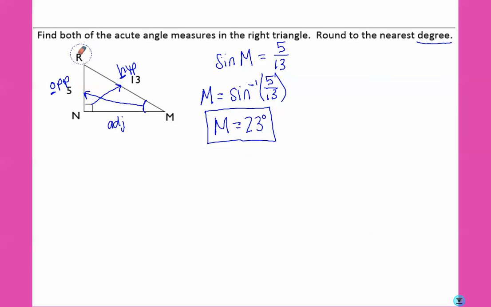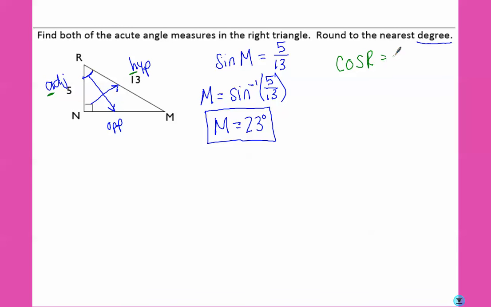Now, if we want to find the measure of angle R, we're going to have to relabel our triangle because we're dealing with a different angle. So angle R, across from it, that's our opposite. Across from the right angle is our hypotenuse, and our other side's our adjacent. If we want to find angle R, we need to use adjacent and hypotenuse, which is cosine.